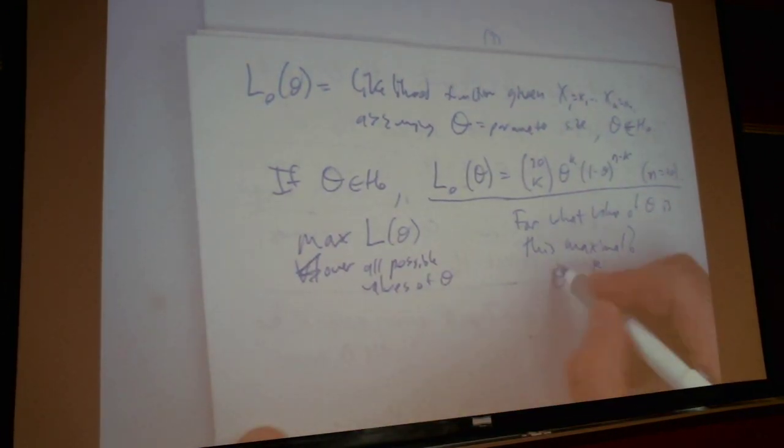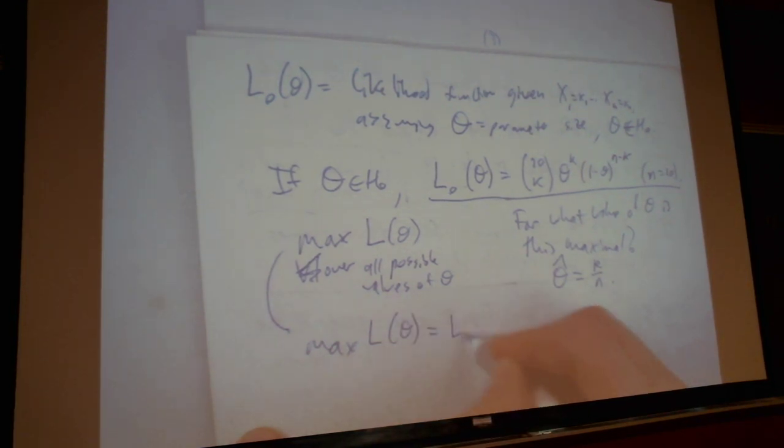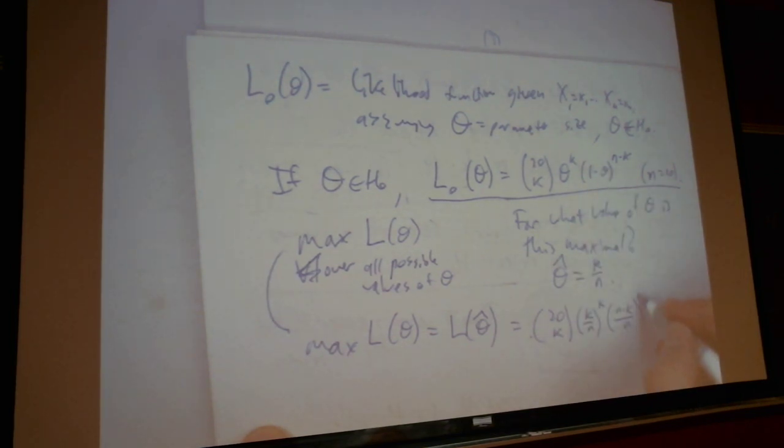So let's call this theta hat. Theta hat, the maximal value of theta, is k over n. So the max of L of theta is L of theta hat. In other words, it's 20 choose k, and then k over n to the k, and n minus k over n, which is 1 minus theta, to the n minus k.